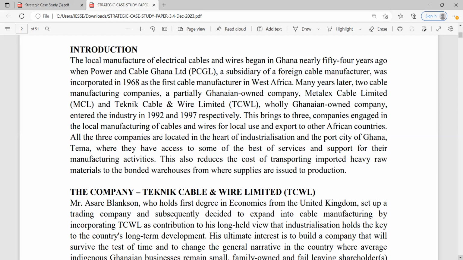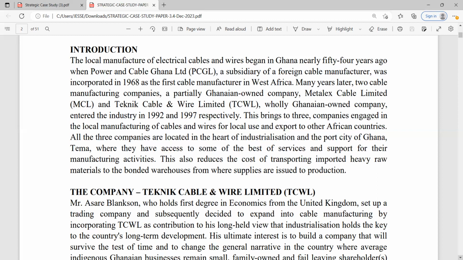So a subsidiary of a foreign cable manufacturer. One of the things you need to think about in this case is, this foreign cable manufacturer, what are their policies? What is their vision? And how does it overall affect PCGL as a company?